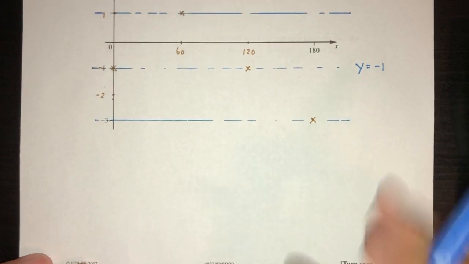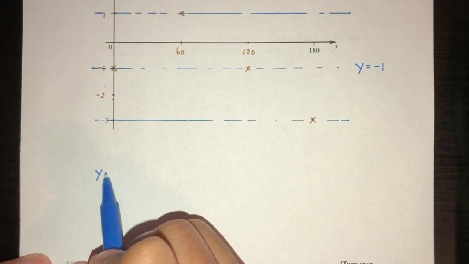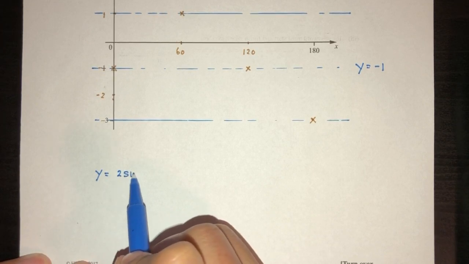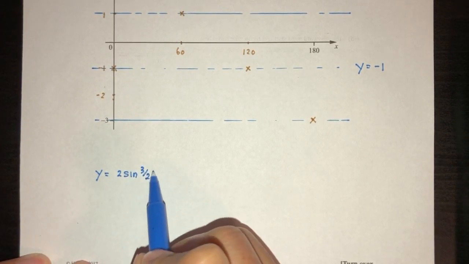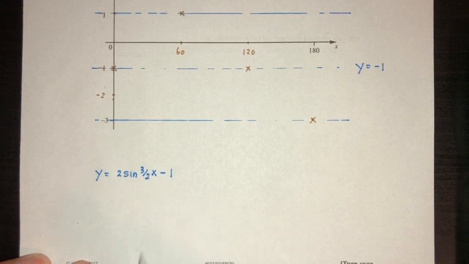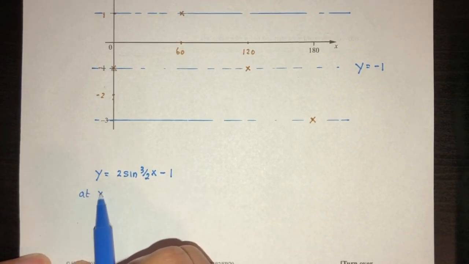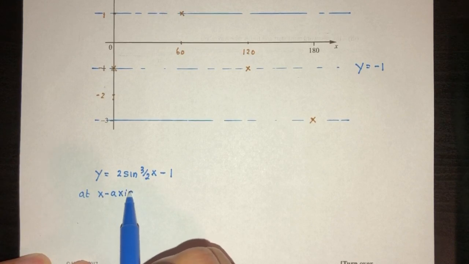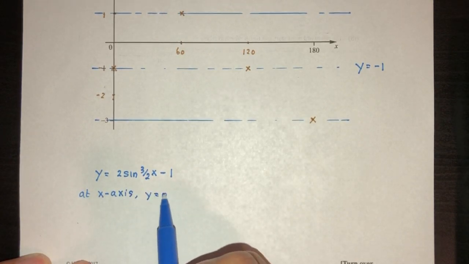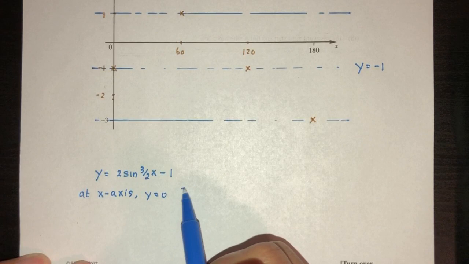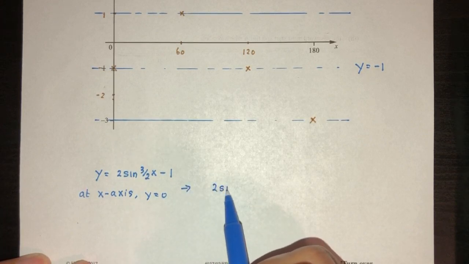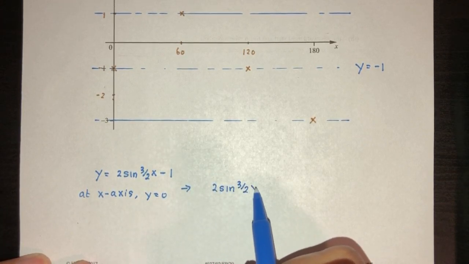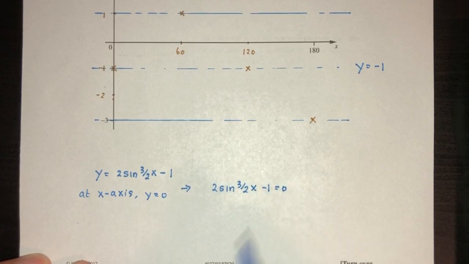So let's do that. So here we have y equal to 2 sine 3 over 2 x minus 1. Now we know that at the x-axis, again the value of y is 0. Replace that back in your equation. You will have 2 sine of 3 over 2x minus 1 is 0. Now we have to make this one become your subject of formula.